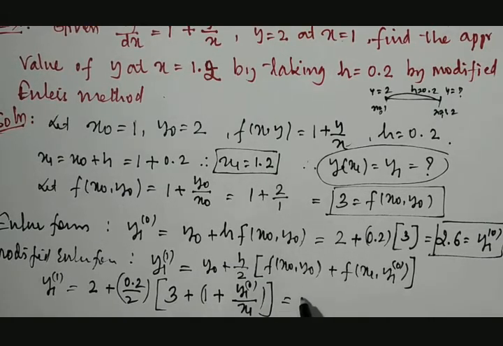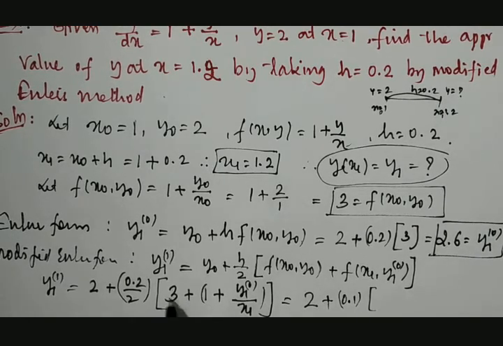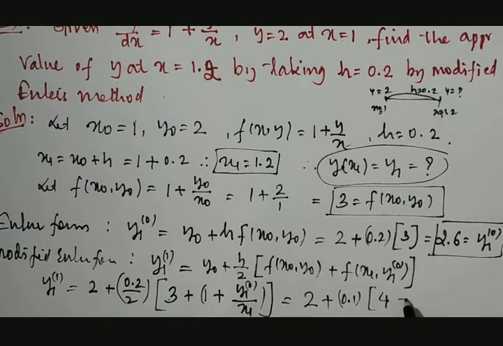So 2 plus 0.1 into 3 plus 1, that is 4, plus the initial value of y1, which is 2.6, divided by x1, which is 1.2.